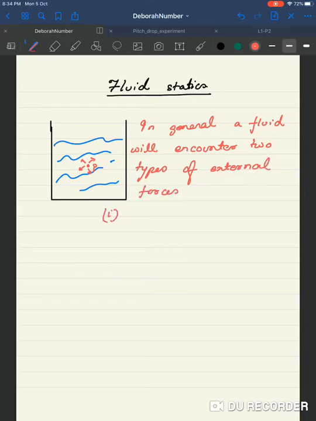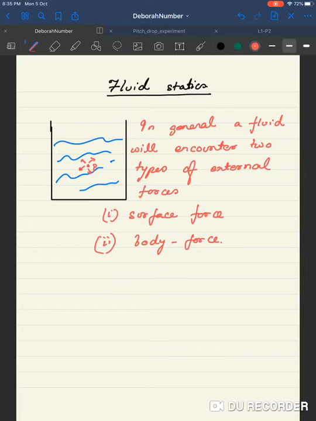One is surface force. So that's where the wall or an interface between the fluid and something else is going to have an impact. And the other is just the body force. Okay.